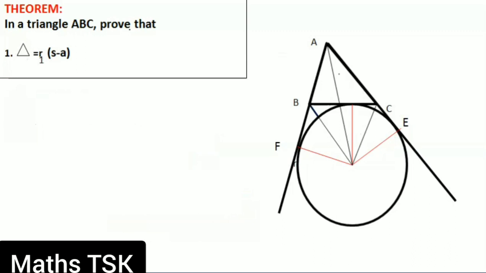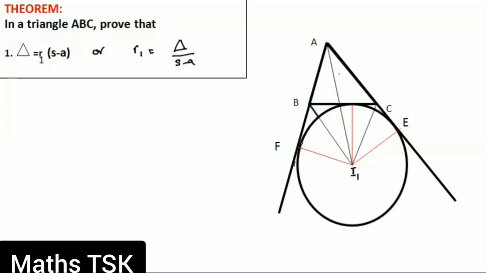First one, in a triangle ABC, prove that delta is equal to R1 into S minus A, or we have to prove that R1 is equal to delta by S minus A. Here the triangle is taken. There is the area of the triangle ABC. I1F is one triangle, I1E is another triangle.